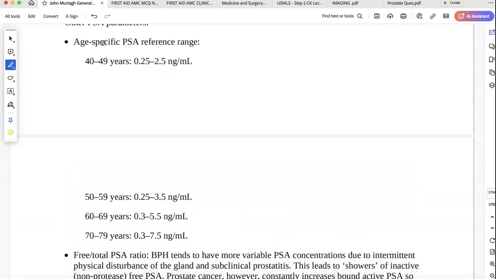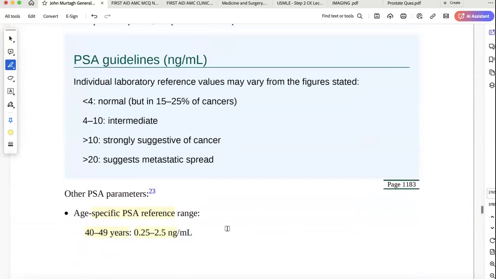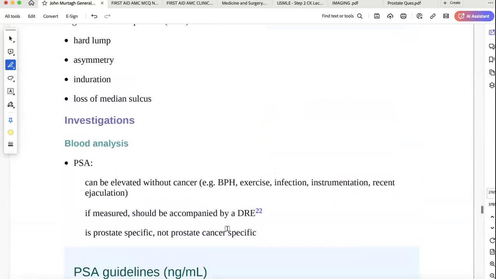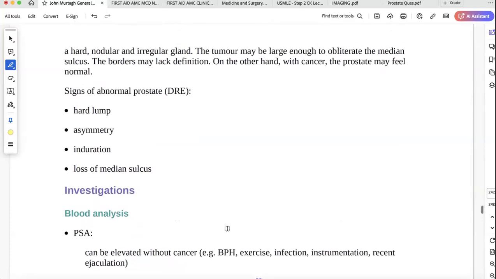There is an age-specific PSA range. For 40 to 49, that's the normal value. For someone 70 to 80, that's the normal value. So as the age goes up, the normal value also changes. Now, prostate is a complicated thing if you don't understand what you are doing.